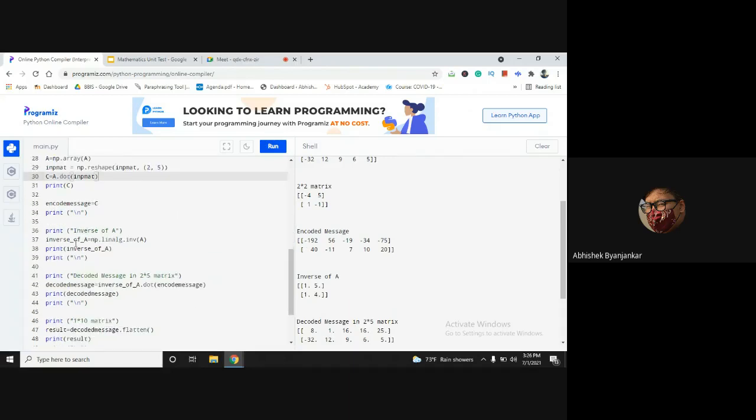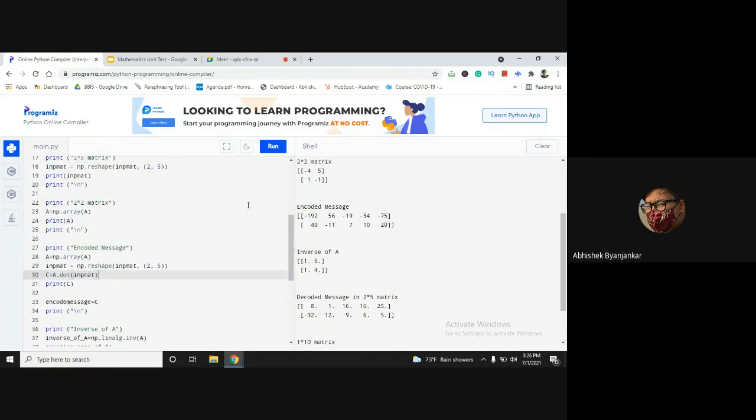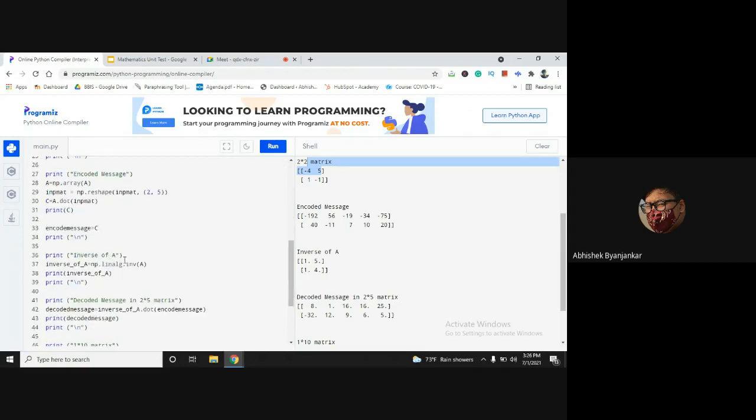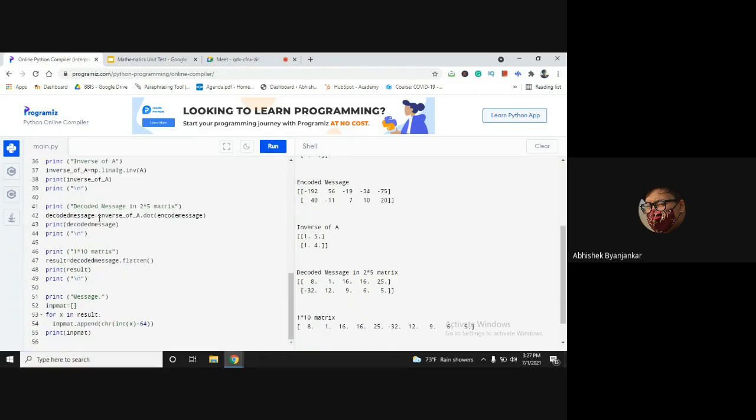After that, I inverted A. You can see over here, A means this one. Inverse of A is equal to np.linalg.inv(A), so that means the inverse of A. After the inverse of A, I multiply the encoded message with the inverse of A. That means it is decoded.